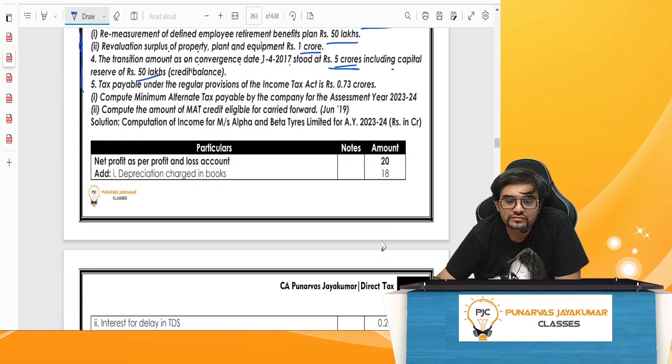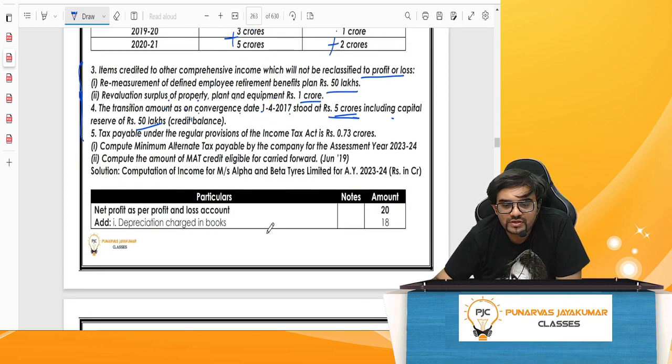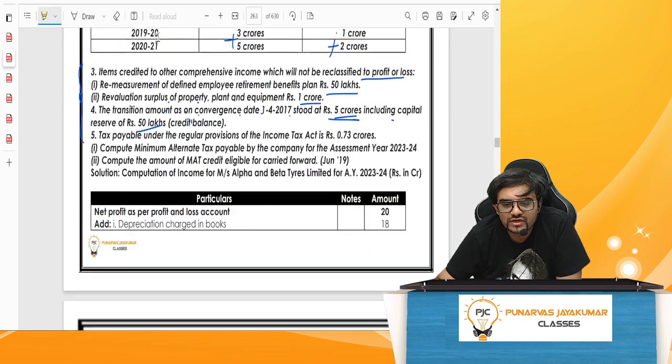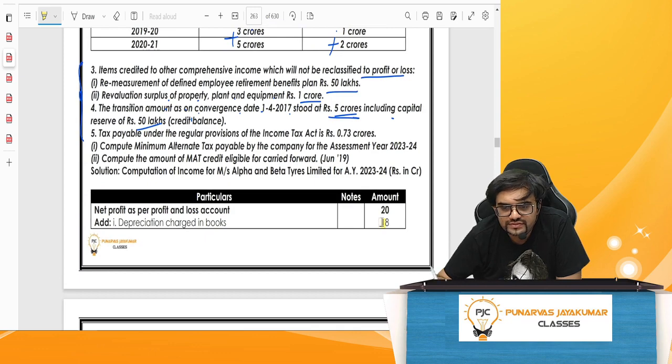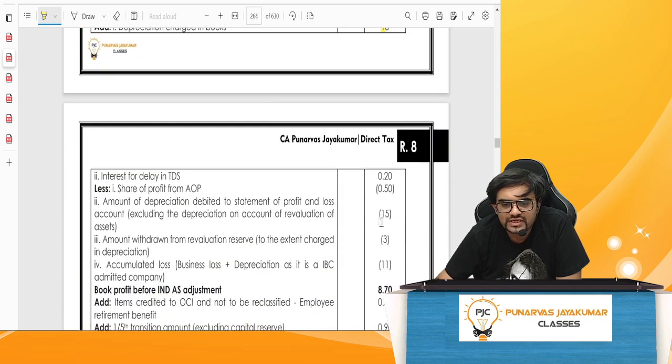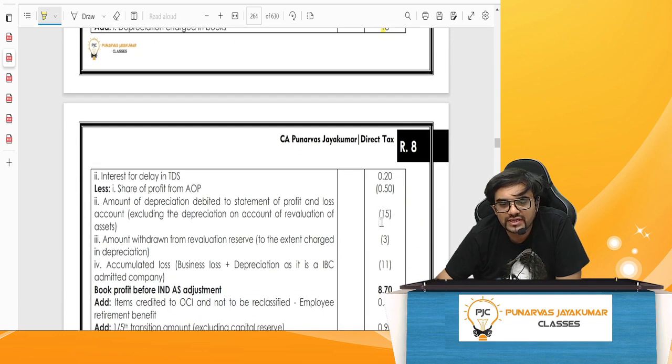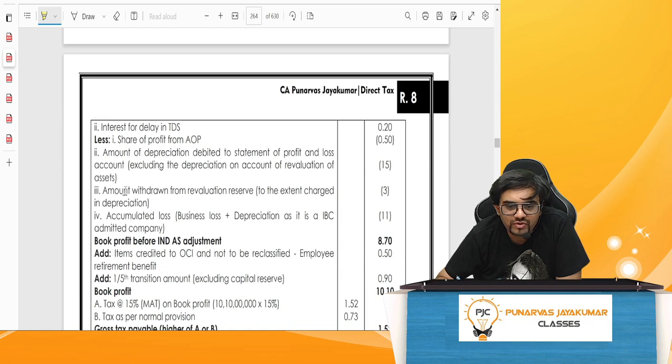No. You see, net profit as per P&L account 20. Here 20 crore. And I should add the full depreciation first, 18. Interest in delay of TDS, yes, that is very much part of the tax payable, that add. Less what? Share of profit from AOP. We gave you the logic.